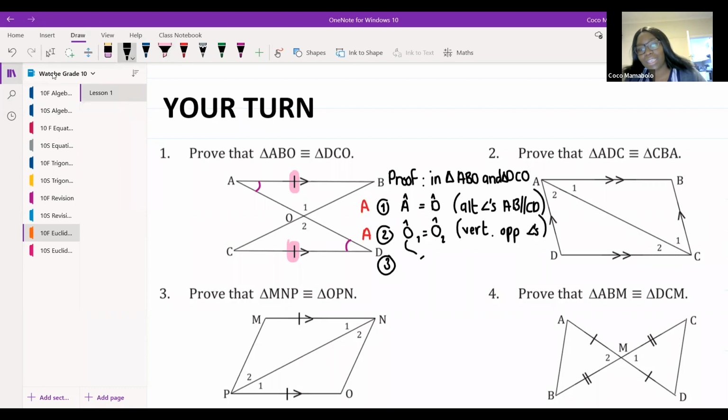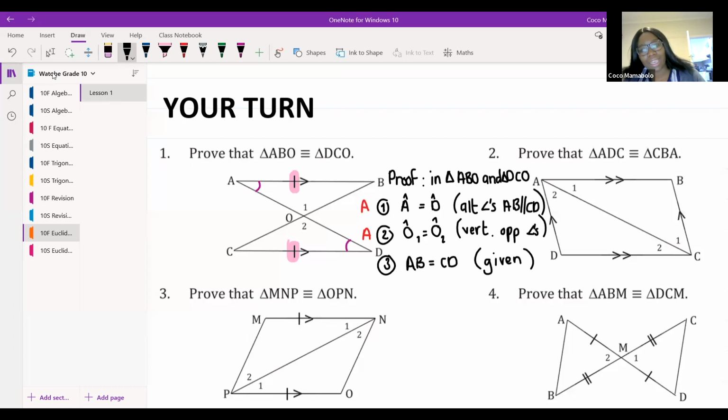Good. So I can say here that AB is equal to CD, and my reason over here is that it's given. They gave it to me. They told me on the drawing that it's equal because they showed the two lines.